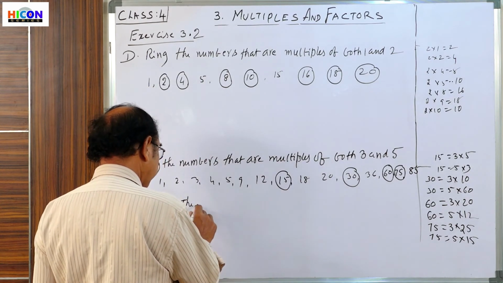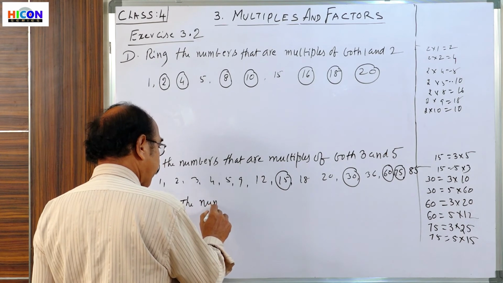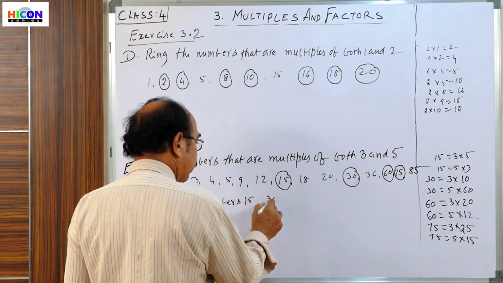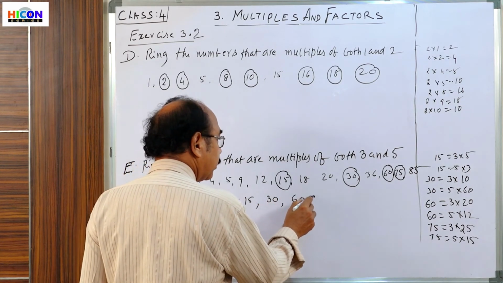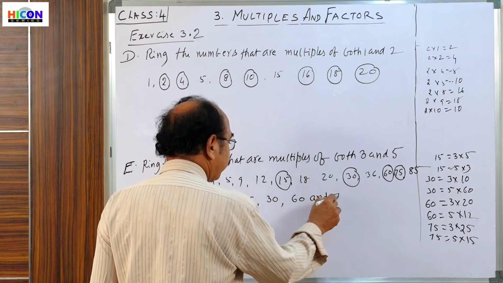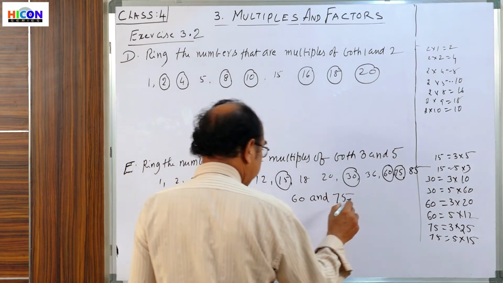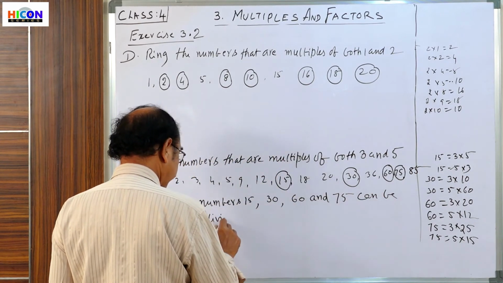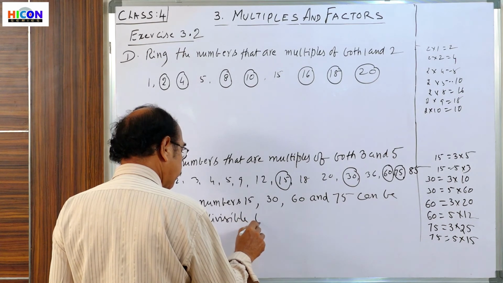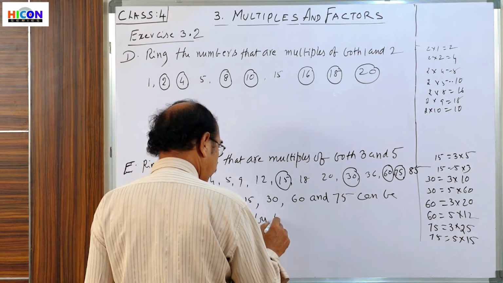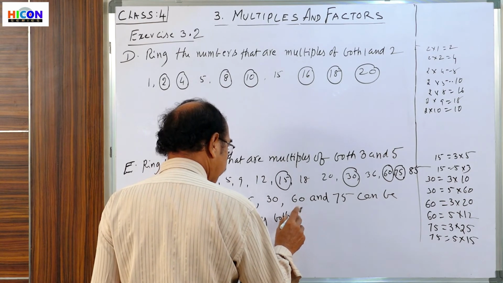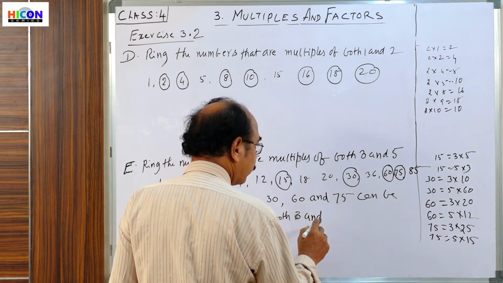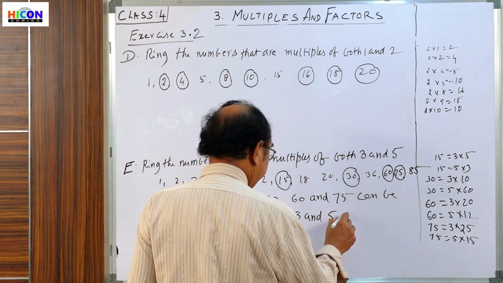The numbers 15, 30, 60 and 75 can be divisible by both 3 and 5 exactly.